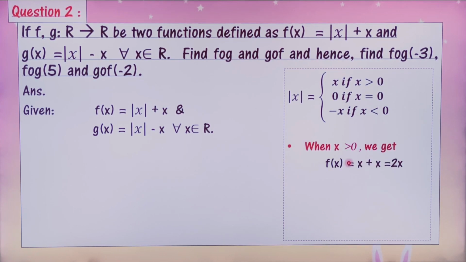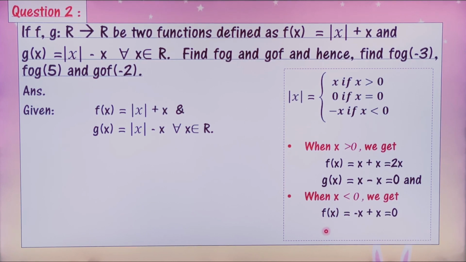When x greater than 0, we get f(x) is equal to x plus x is equal to 2x, g(x) is equal to x minus x equal 0. When x less than 0, we get f(x) is equal to minus x plus x equal 0, g(x) is equal to minus x minus x is equal to minus 2x.